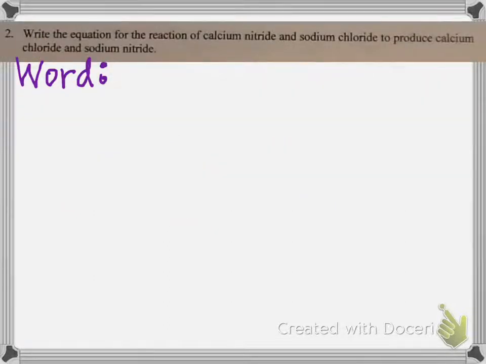Number 2 says write the equation for the reaction of calcium nitride and sodium chloride to produce calcium chloride and sodium nitride. Again, we're going to first write our word equation.